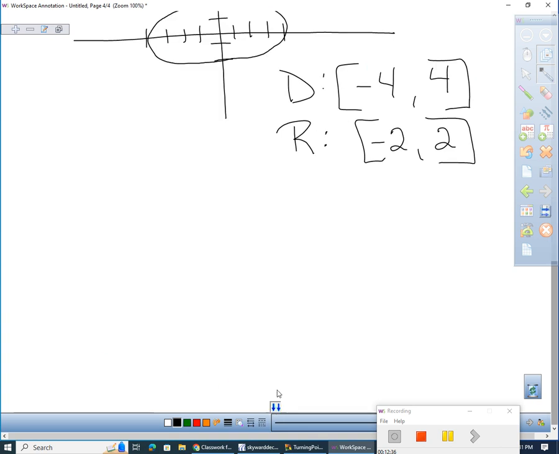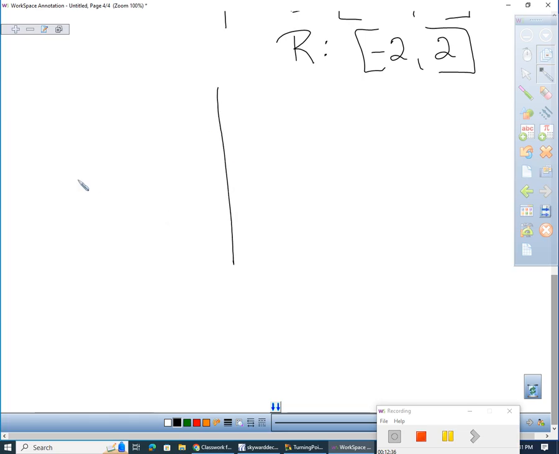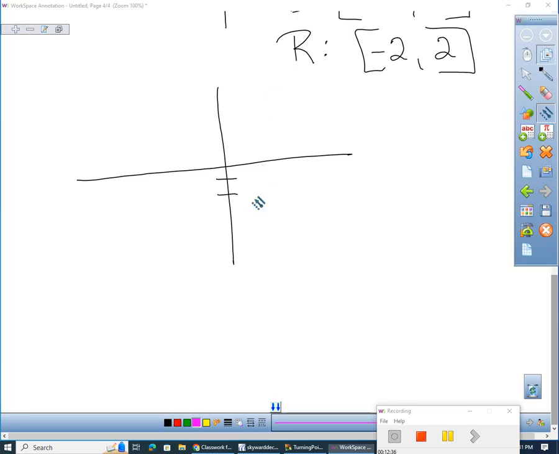Let's say I have this graph. Let's start here and go up this way, and I'm going to start here and go up this way. All right, so here's this graph. Think about the fact that those arrows are going forever this direction and forever that direction, right?